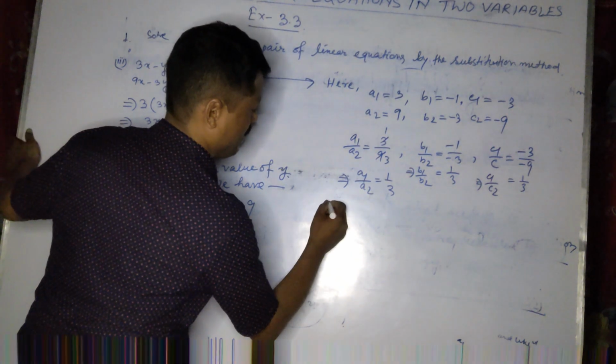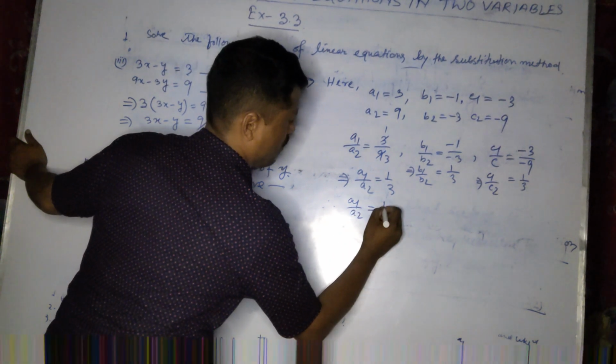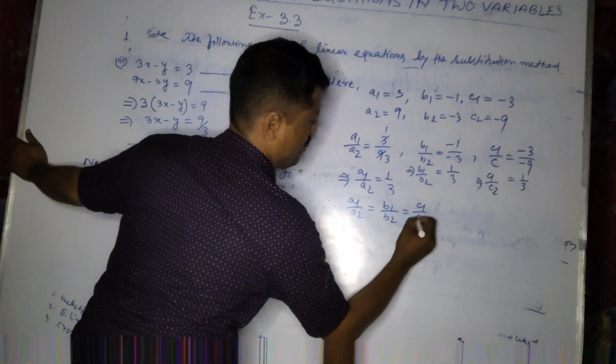Therefore a1 by a2 is equal to b1 by b2 is equal to c1 by c2.